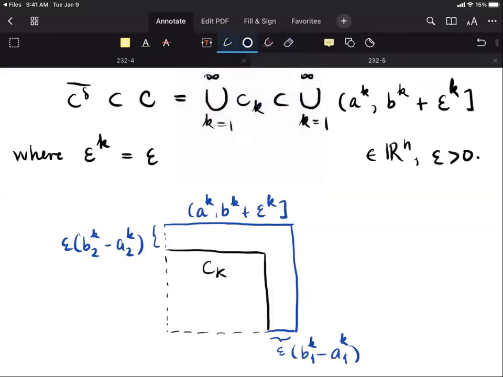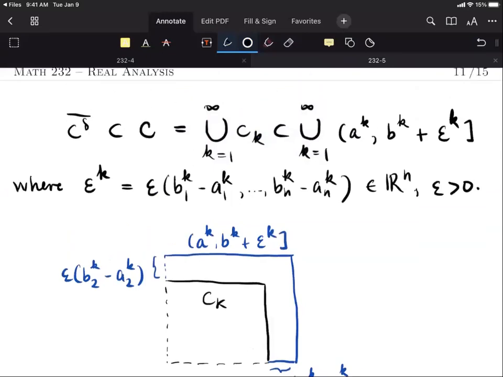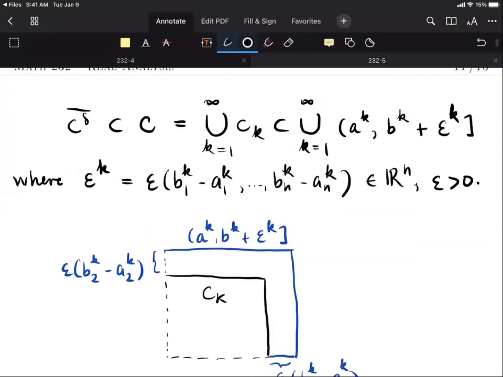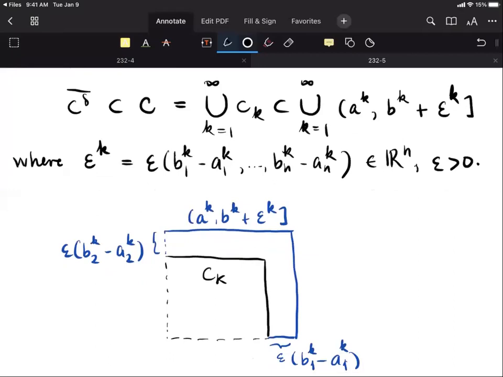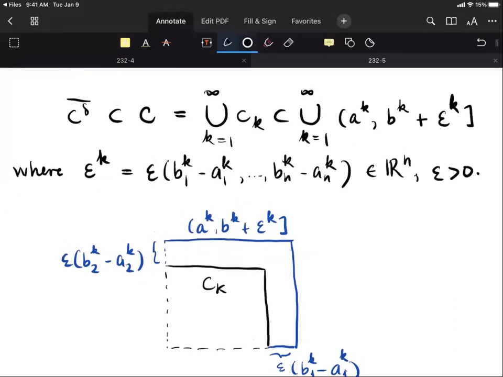This should be B1k minus A1k until Bnk minus Ank. Okay, so that's our vector. And we would like to make this open as well.